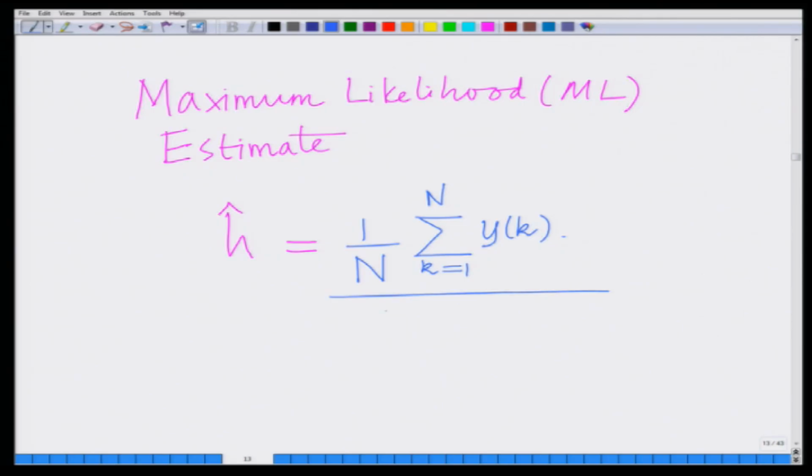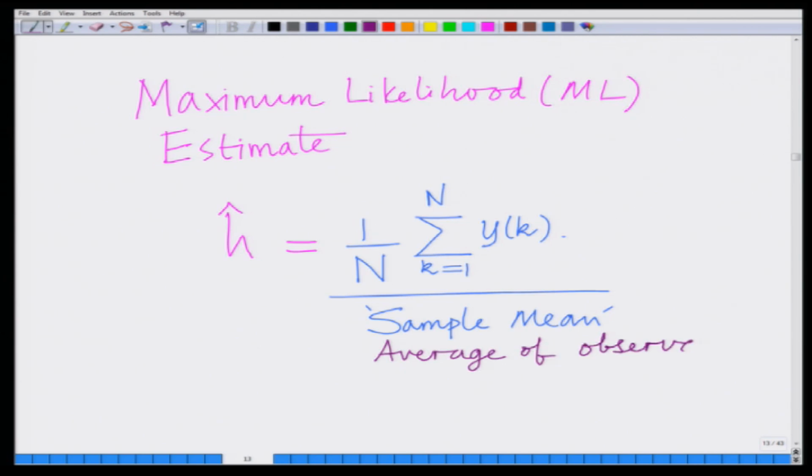This is also known as the sample mean, or simply the average of the observations y1, y2, yn. This is the sample mean, that is h hat, which is the maximum likelihood estimate.